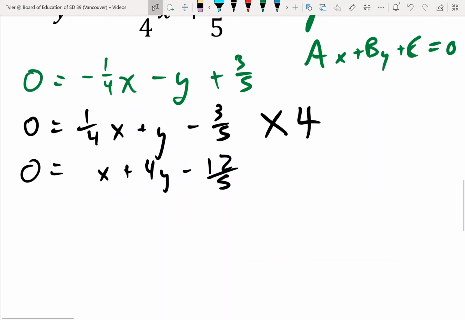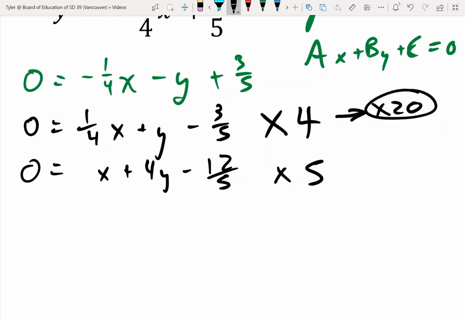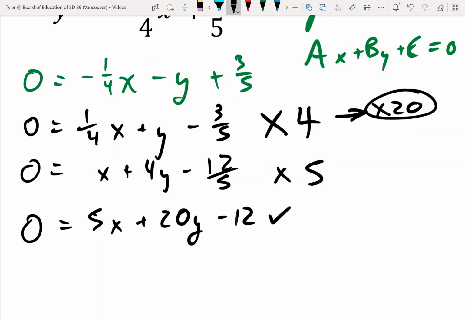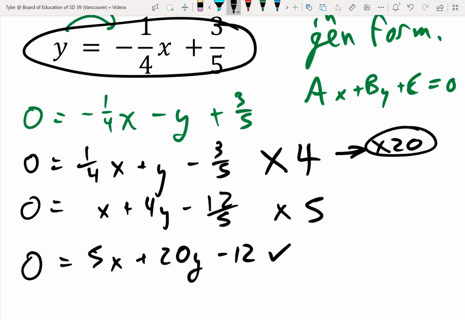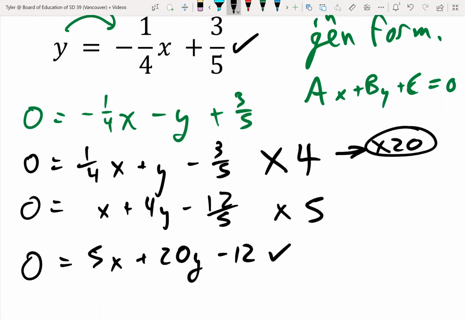Okay, problem, we still have a fraction, so I need to do times 5. You might have noticed if we had just done times 20 in this equation, it would have worked and gotten rid of both. Whatever, 2 steps is fine. So 0 equals 5x plus 20y minus 12. That's it. So we switched from this beautiful y equals mx plus b that we can graph into this ugly, stupid general form that is not useful at all.